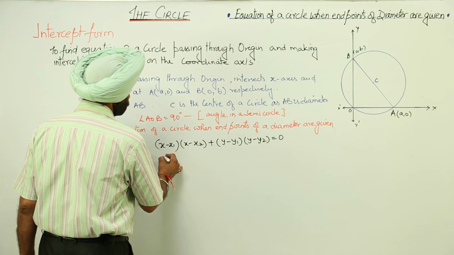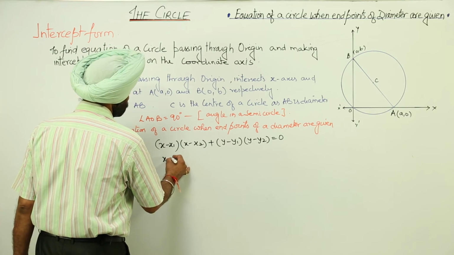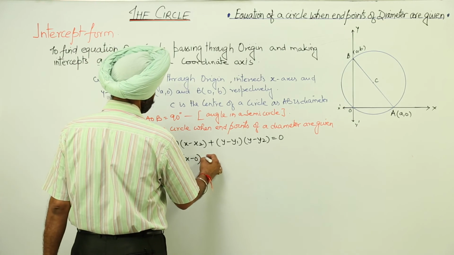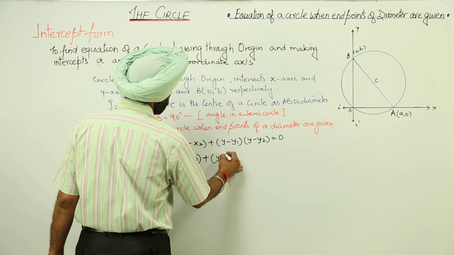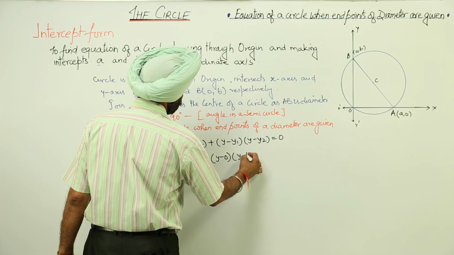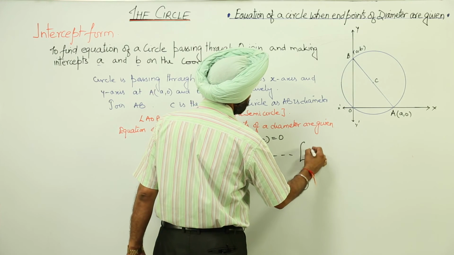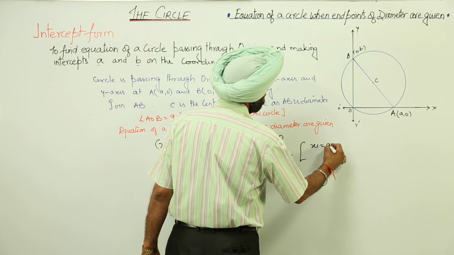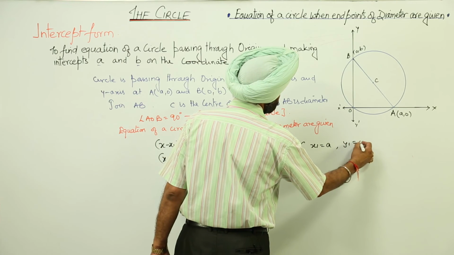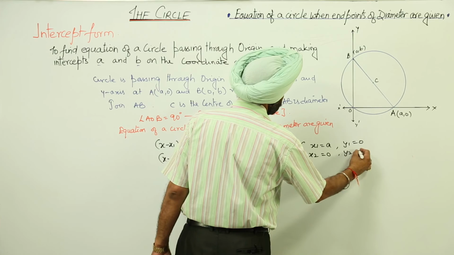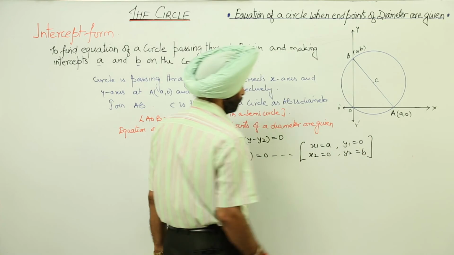Now this becomes x minus a with x minus 0 plus y minus 0 with y minus b is equal to 0. Here x1 is equal to a, y1 is equal to 0, x2 is equal to 0 and y2 is equal to b.